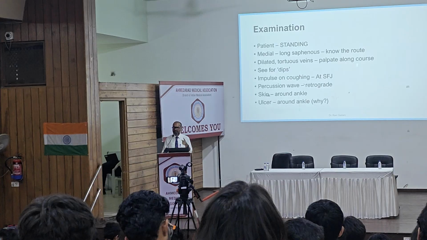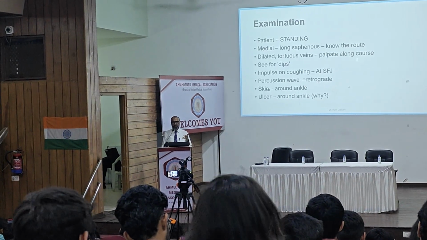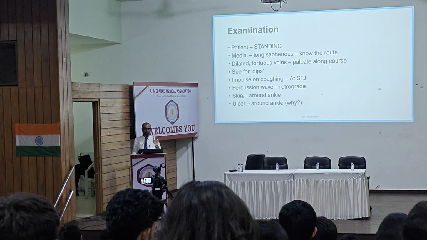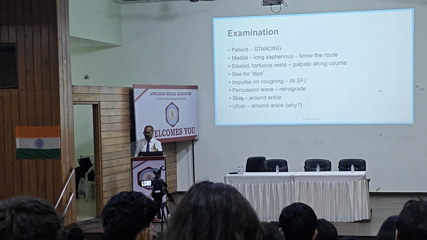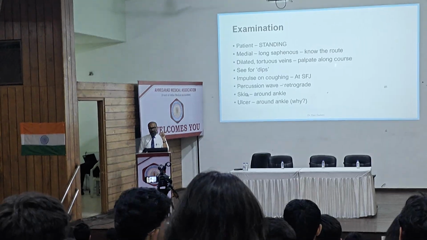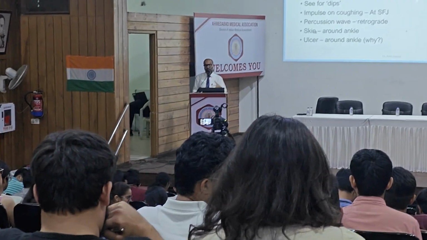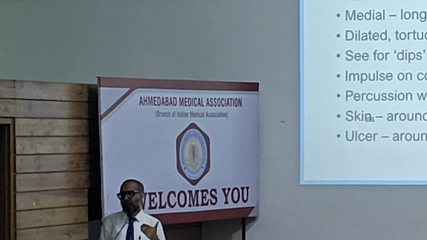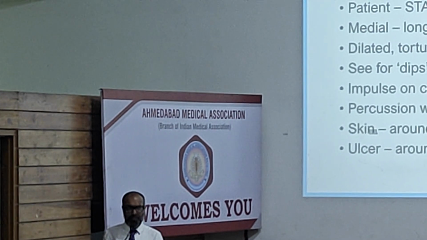Common questions: what is Gaiter's area? Medial malleolar region, right? You should also read about what a gaiter actually is. Why is Gaiter's area the commonest place for ulcer development? Because it is the point of maximum ambulatory venous hypertension.